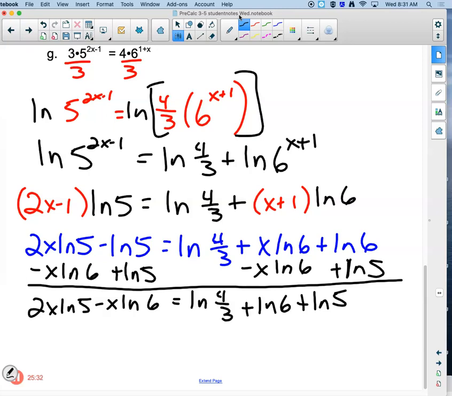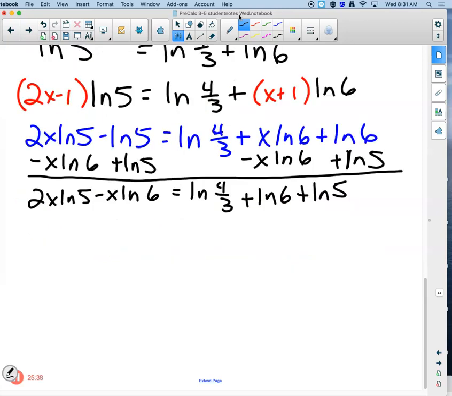All right, got to get that x all by itself. Same thing as last time. Remember, we're trying to make those connections to things we've learned previously. So we'll take out the x by factoring.